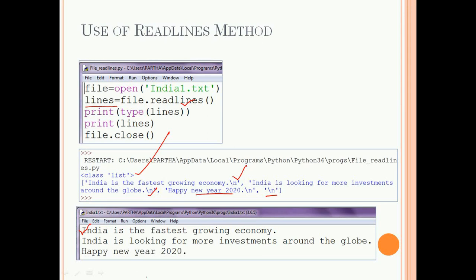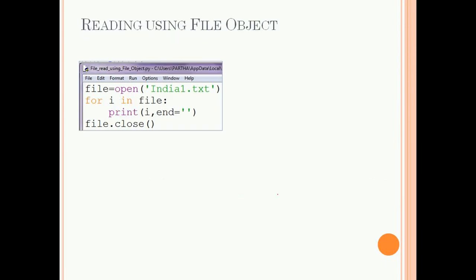That means in india.txt here I have given a new line, then the cursor will go here, and here also I have given a new line. That's why the fourth element is \n. Now we can read using the file object also by iterating over the file.